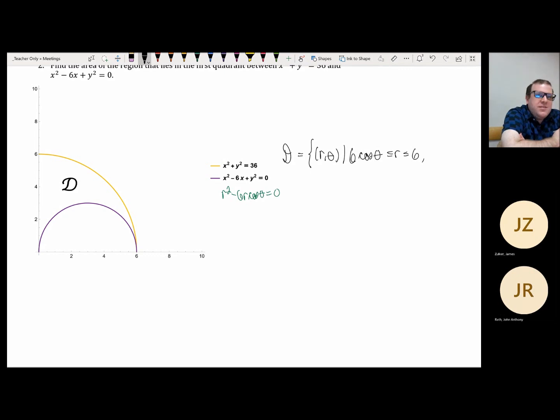Now, what about theta? Pi. All right, so pi. For instance, 2 pi over 3 is between 0 and pi, right? Is that quadrant 1?